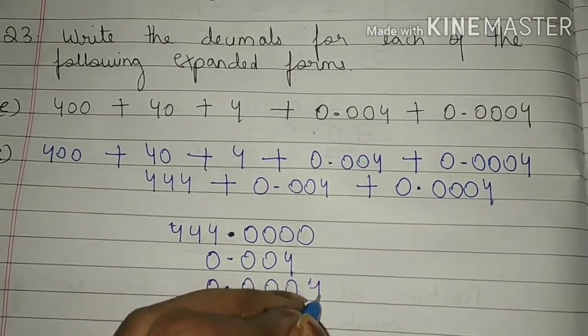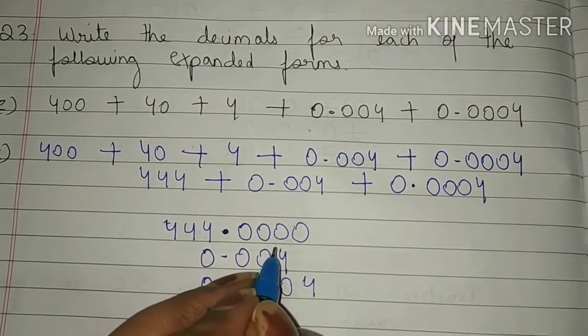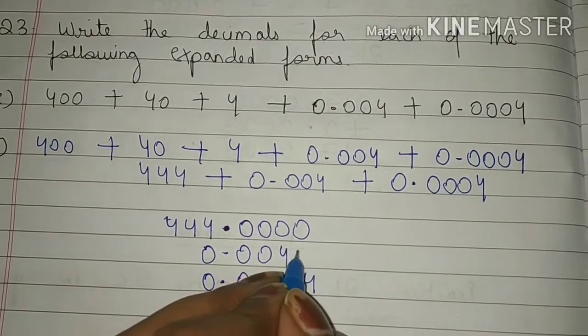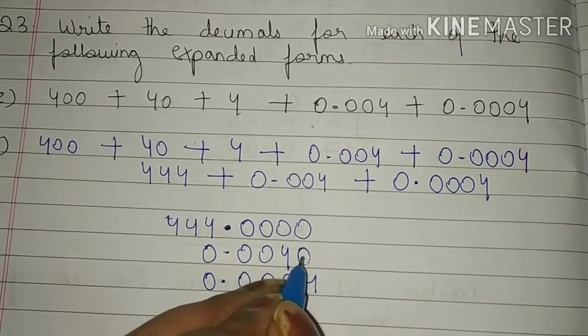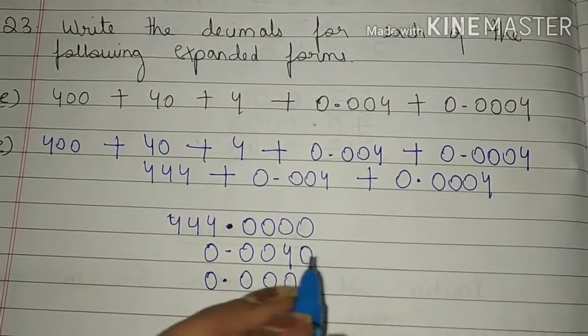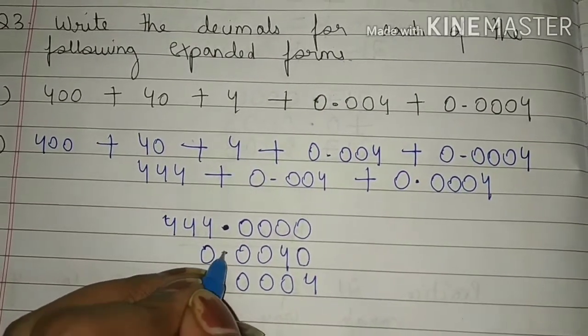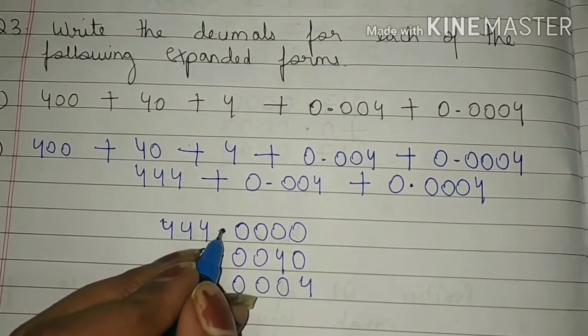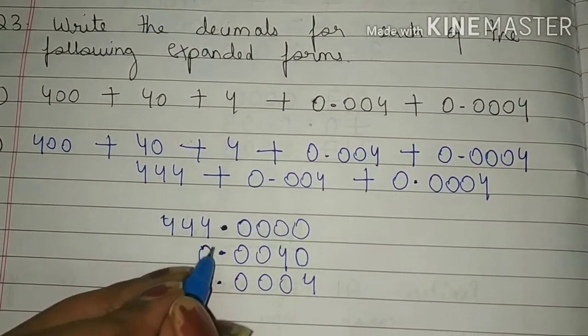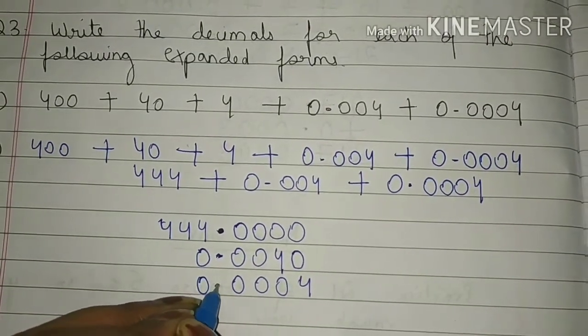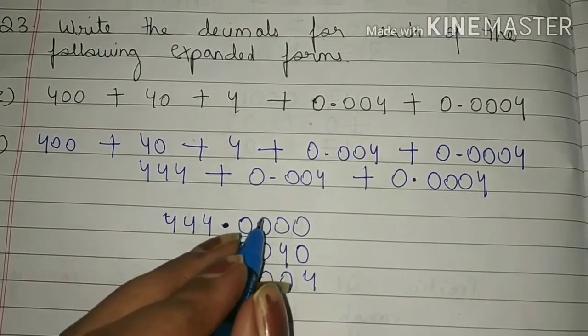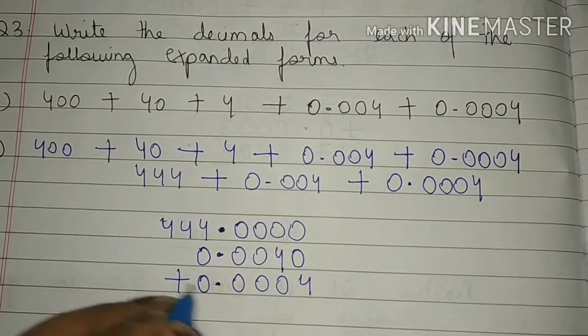Students, if you want, you can add 0 here also, just to make the calculation easy. Now students, always remember that we will put a decimal point one below the other. Now students, we will add all these numbers.